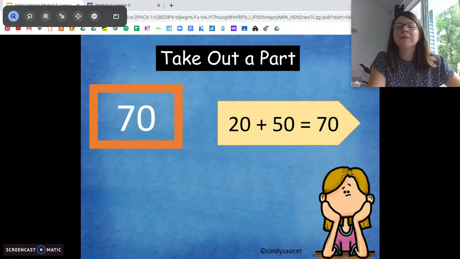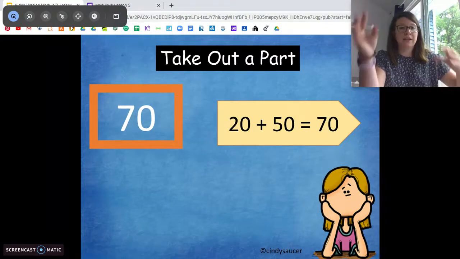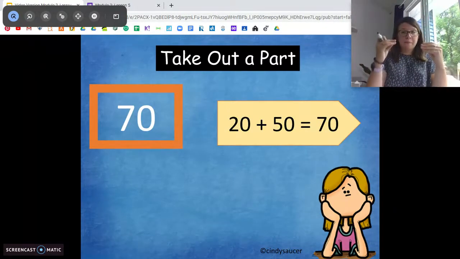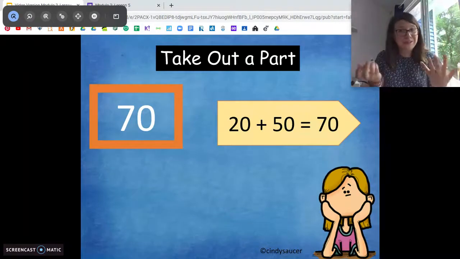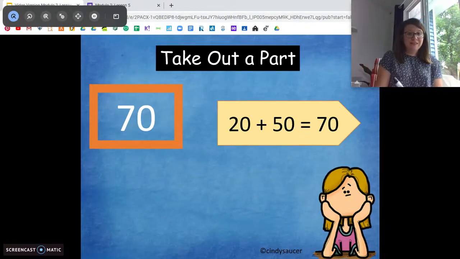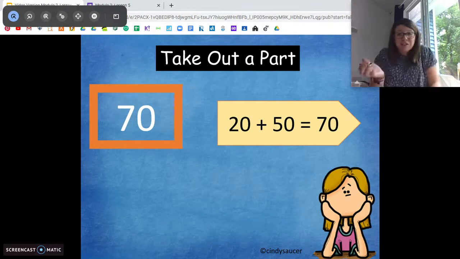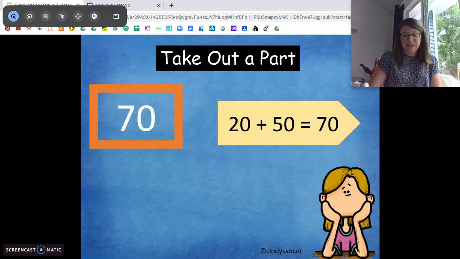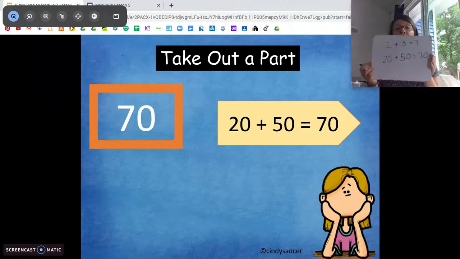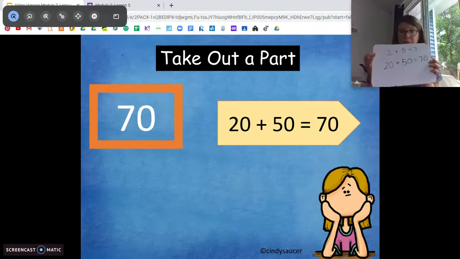Oops, I just gave you that answer. 20 plus 50 equals 70. Think 70 minus 20, or 7 minus 2, right? Because 2 plus 5 equals 7. If we just add tens onto that, 20 plus 50 equals 70. Use your two facts to help you out.